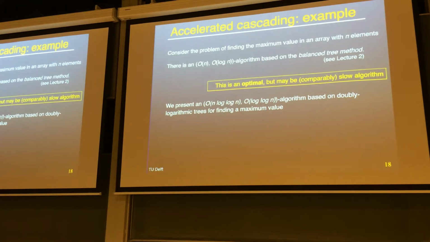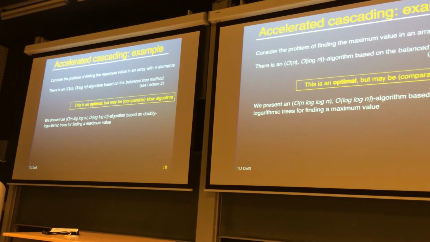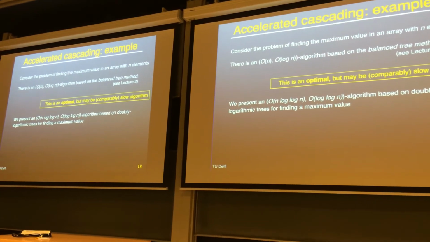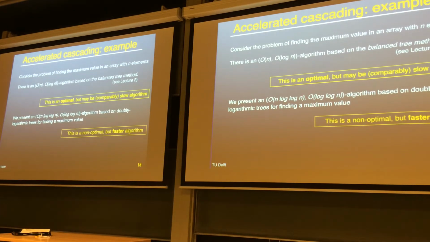So it's slightly off weakly optimum. So we would like to combine these two algorithms to come up with an algorithm that is optimal, so it will cost you O(n) work, but is faster than this O(log n).